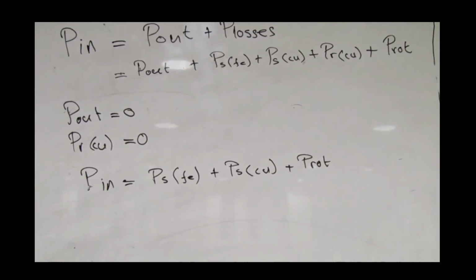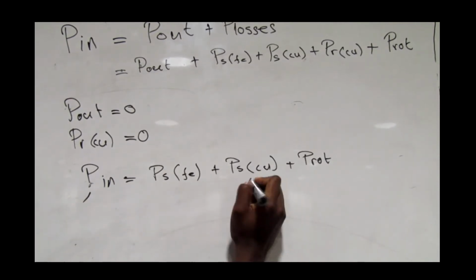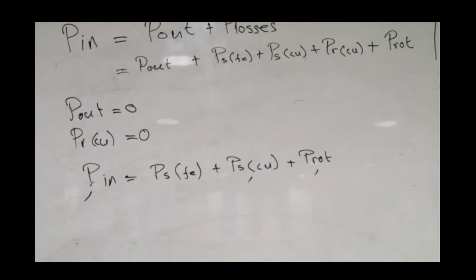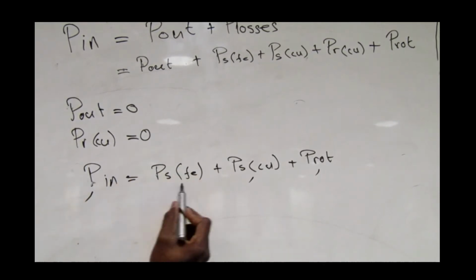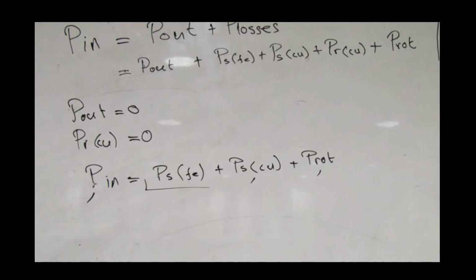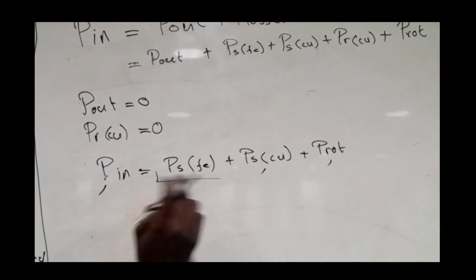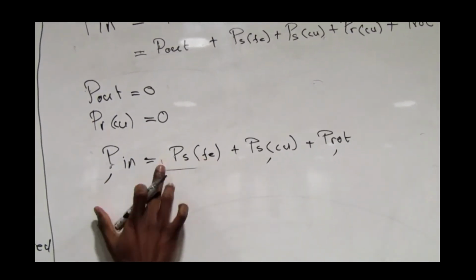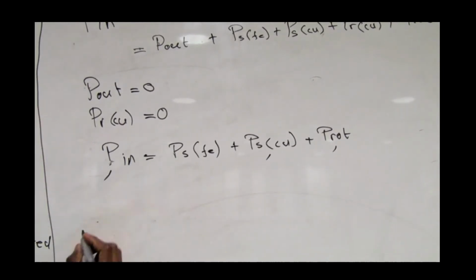And remember, this one is given, this one is there, and at no load we calculate the iron losses of the stator. So at no load we only determine the value of this one.